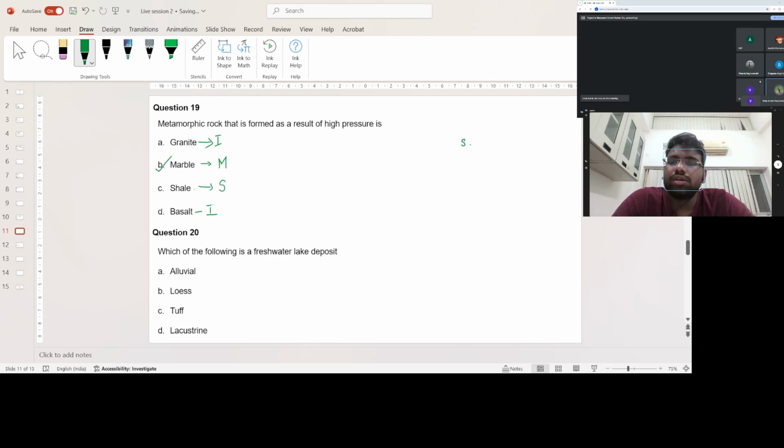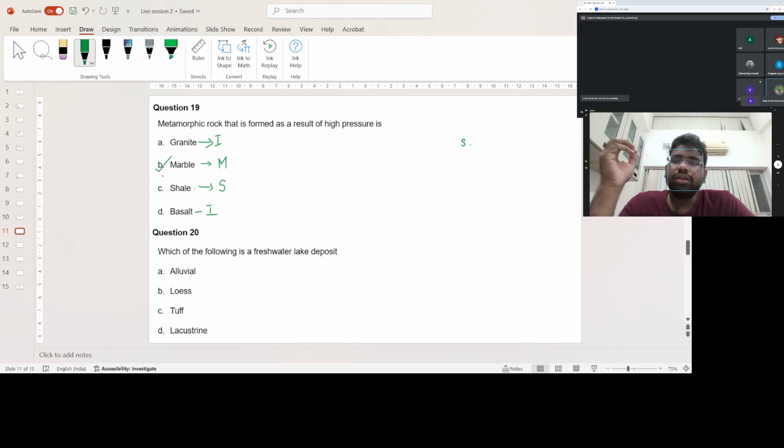Now let me extend this question. Granite and basalt are igneous, but what is the difference between them? Where do they differ from each other? Rate of cooling, and maybe one is extrusive and one is intrusive.